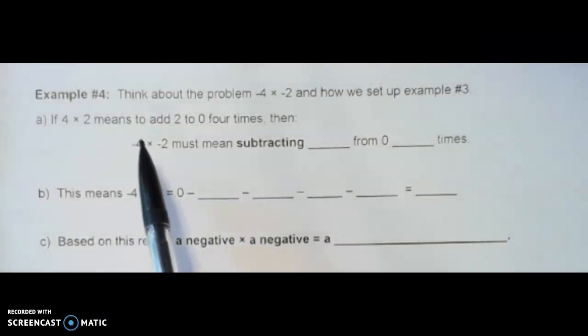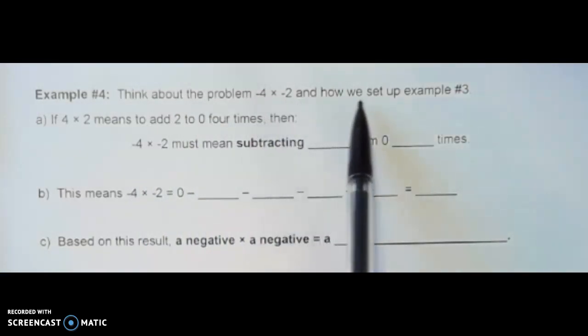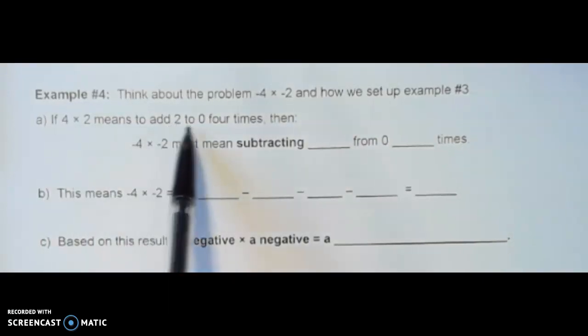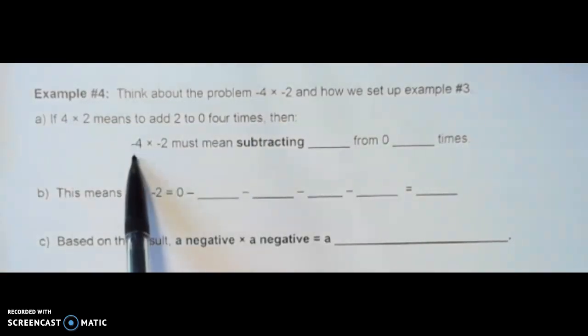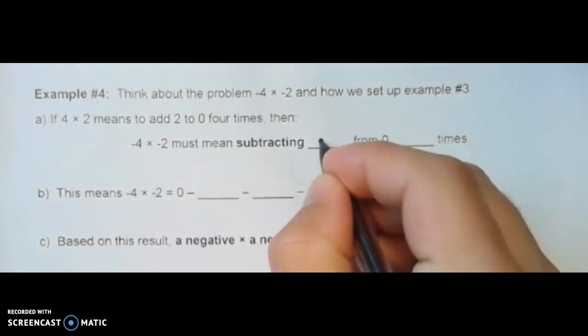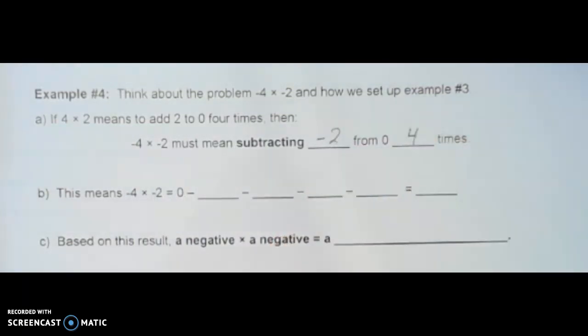So in example 4, think about the problem negative 4 times negative 2, and also think about how we set up example number 3. If 4 times 2 means to add 2 to 0 4 times, well, that must mean that negative 4 times negative 2 would mean to subtract negative 2 from 0 4 times.